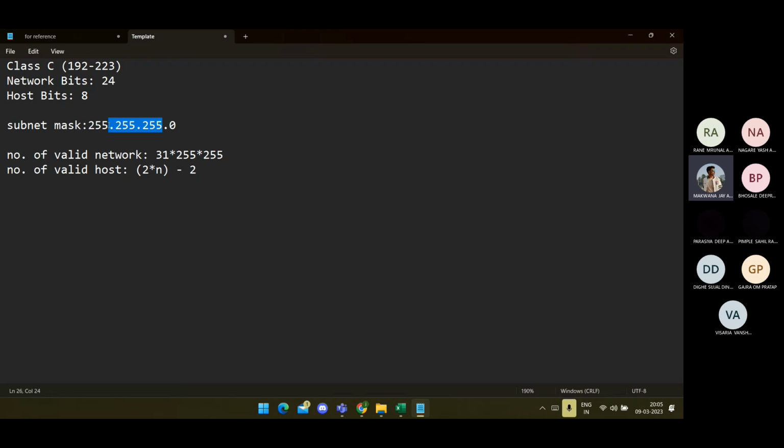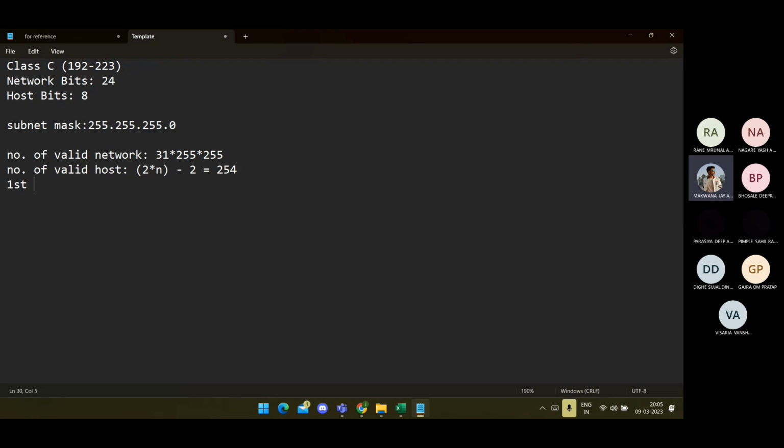In this case, we have 3 octets, that means 24 network bits. For calculating hosts, we only consider the host bits. We have only 1 octet for the host, that means 8 bits. 2 raised to 8 is 256, minus 2, 254. So the number of valid hosts will be 254, right?